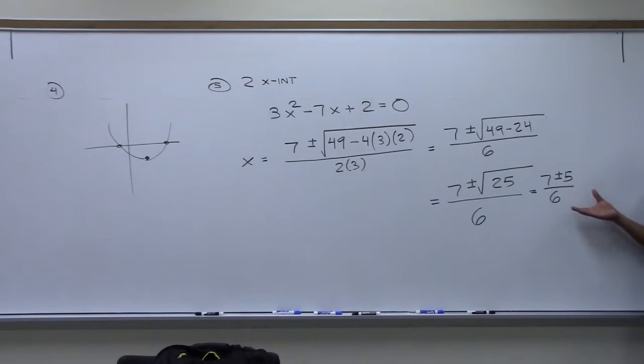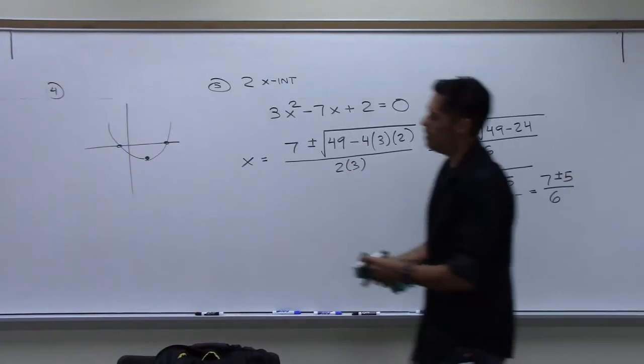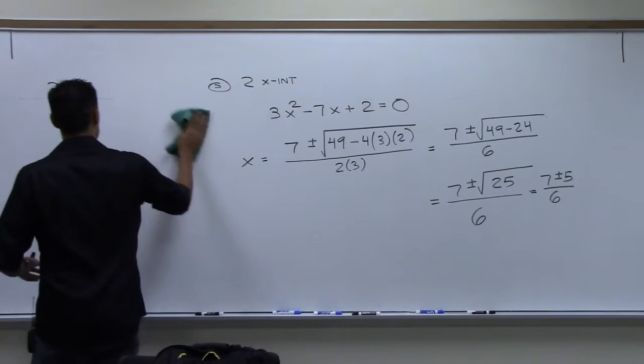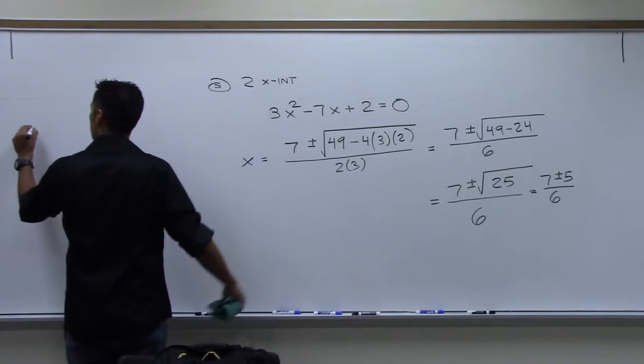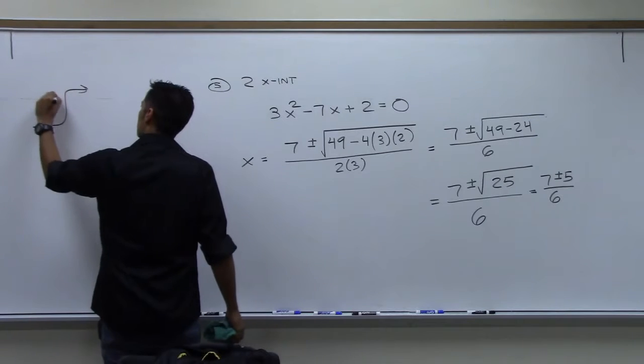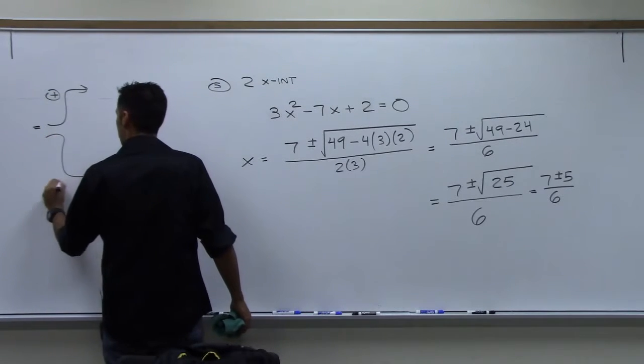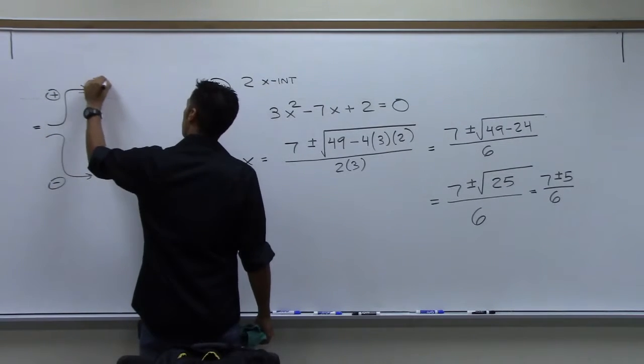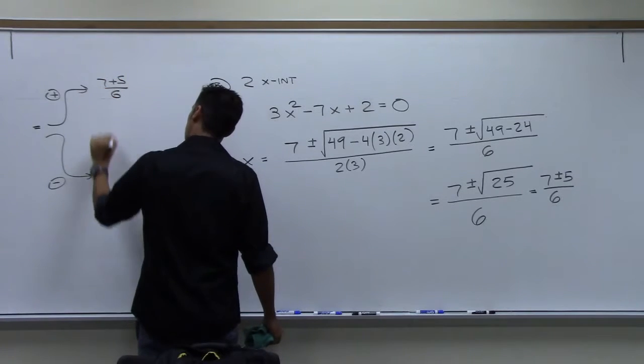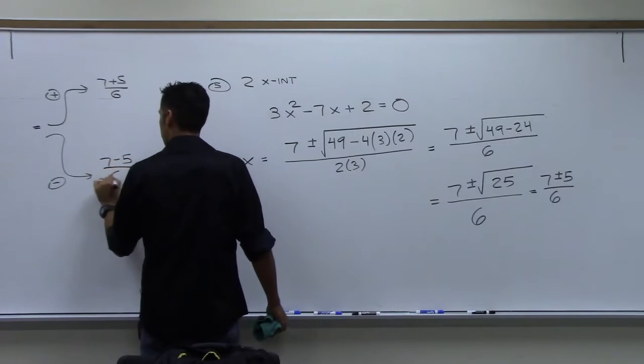And so now at this point I can do the 2 different cases. 7 plus 5 over 6, 7 minus 5 over 6. So I'll do that right here. So equals the plus and the minus. 7 plus 5 over 6, 7 minus 5 over 6.